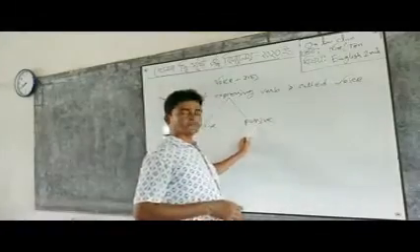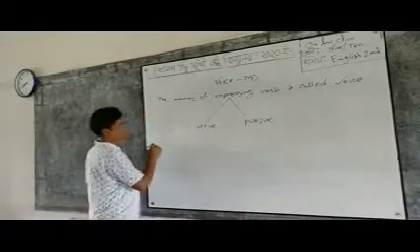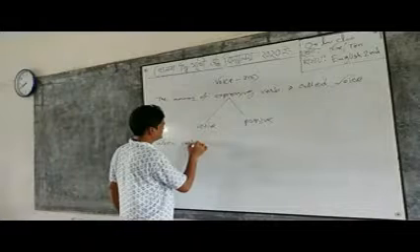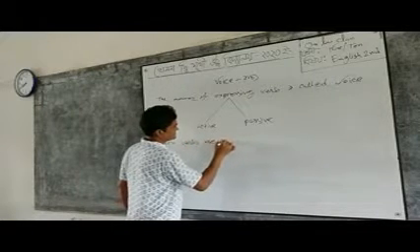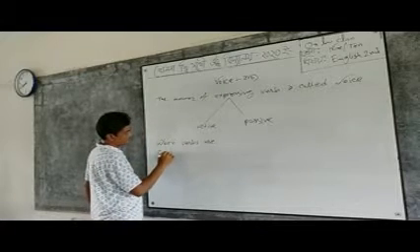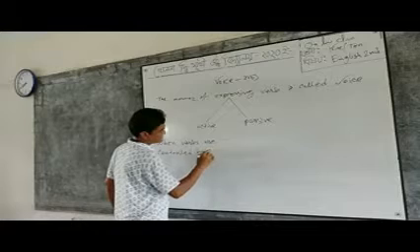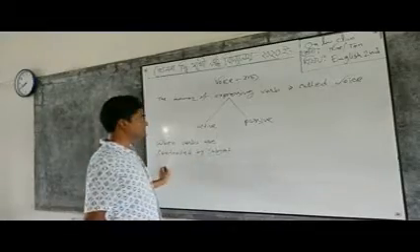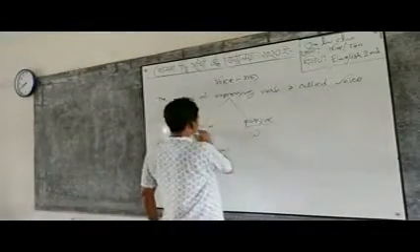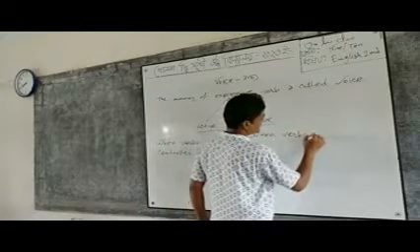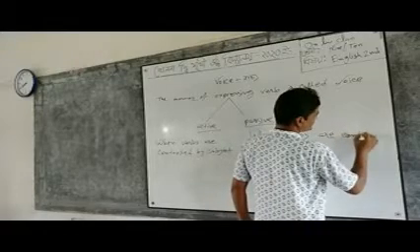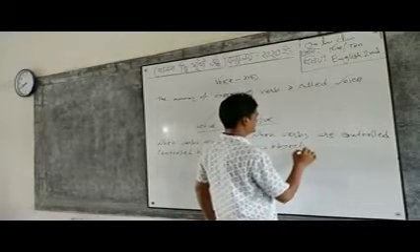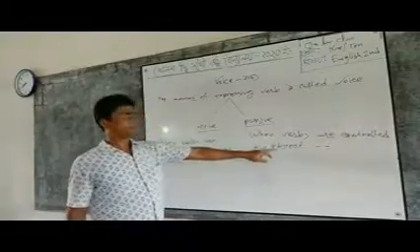And when verb is controlled by object, then it is called passive voice.